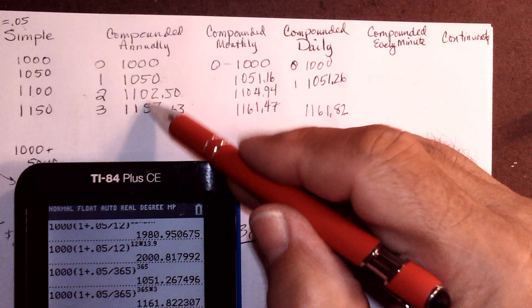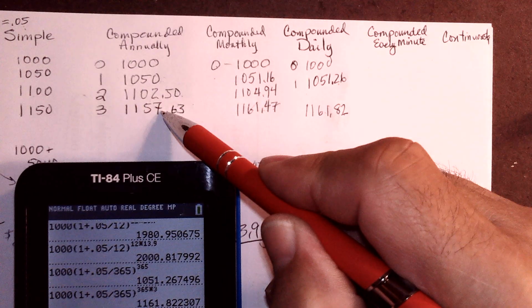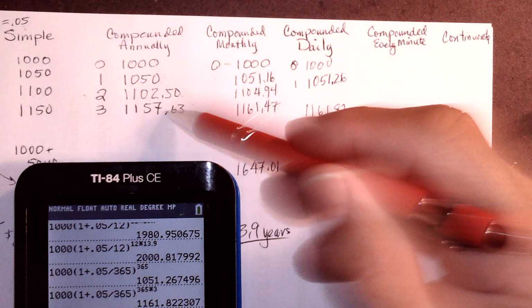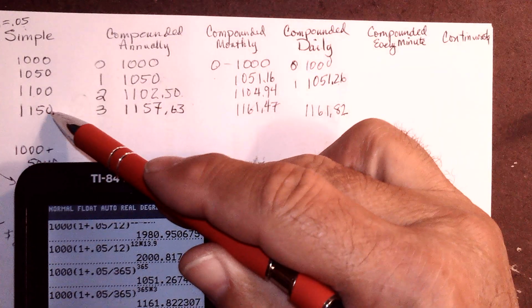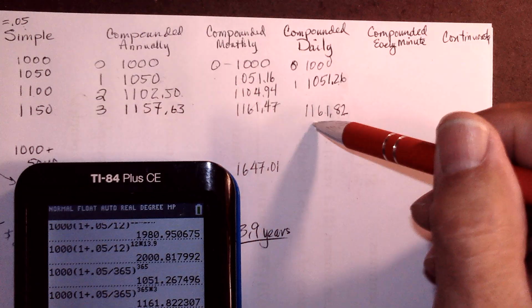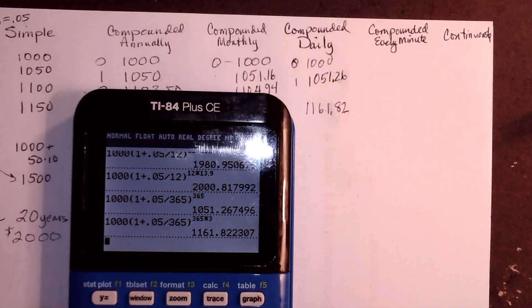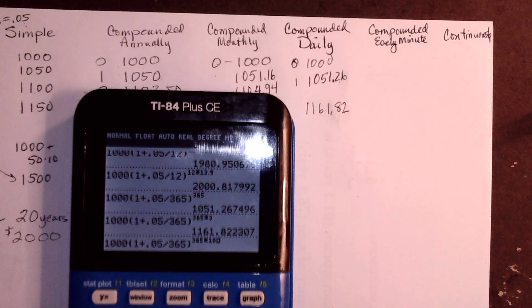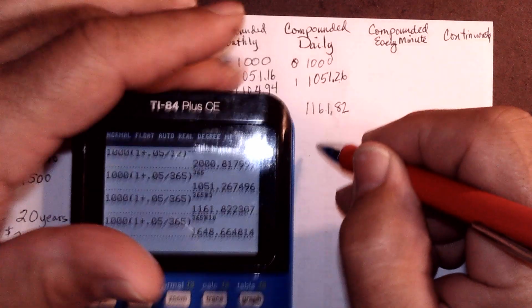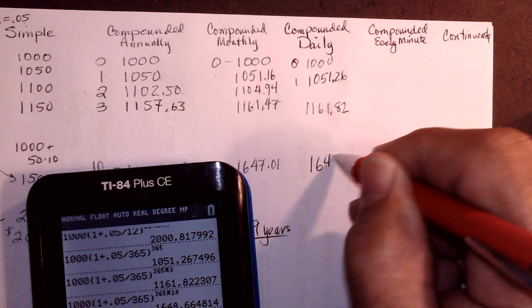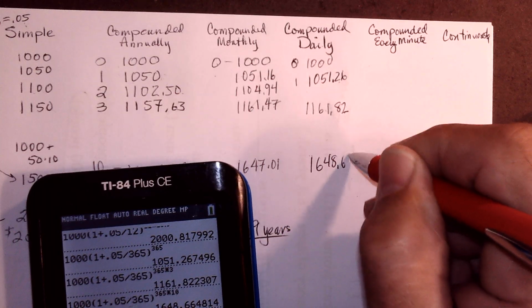I got $3 or $4 more, $4 and something more than annual. I got $11 more than simple interest. So how much is 10 years? So I go back here and change the 3 to 10. And I'd have, in 10 years, 1648.66.